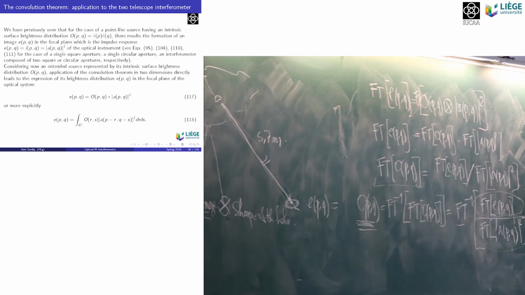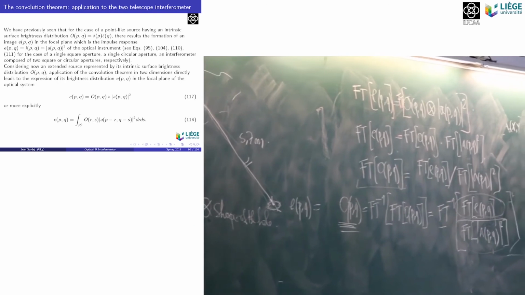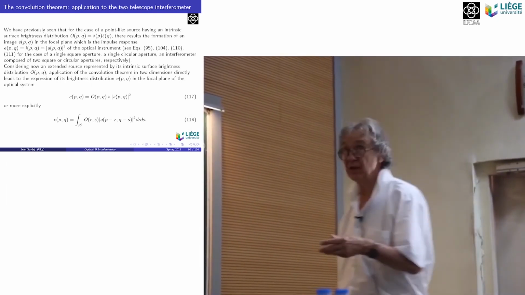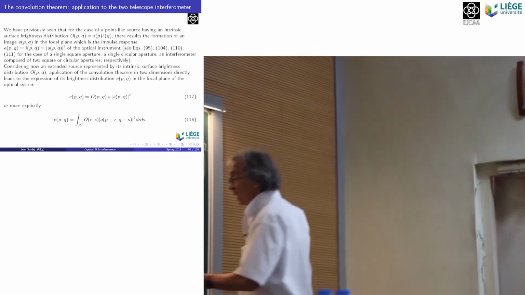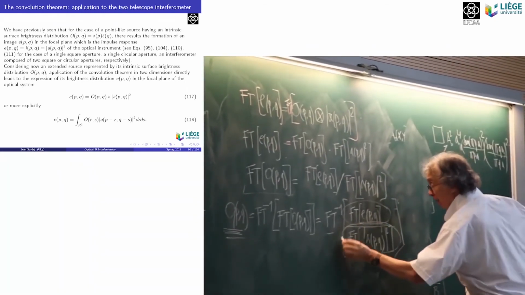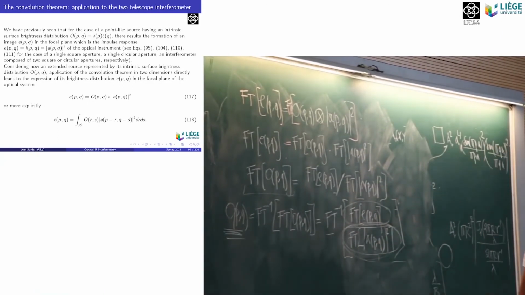It's a deconvolution. Now the reason why it works to some extent, but not perfectly, is that everything I've written would be true if I had all the spatial frequencies. But as we will see tomorrow, even when I observe a point-like star, I'm not getting information for all space frequencies.